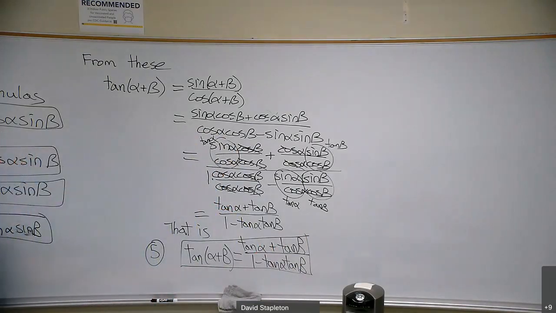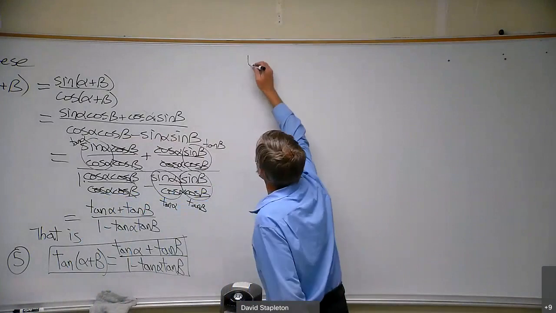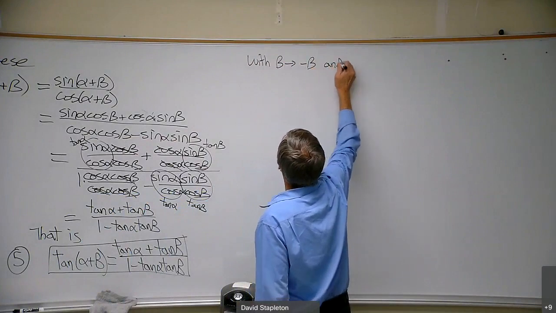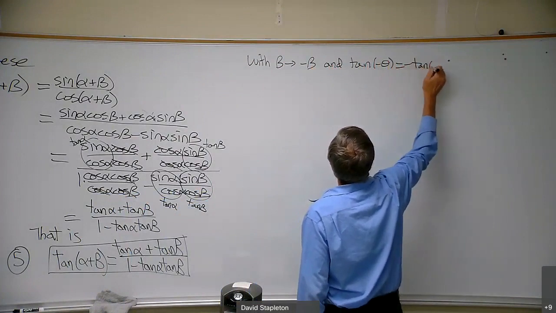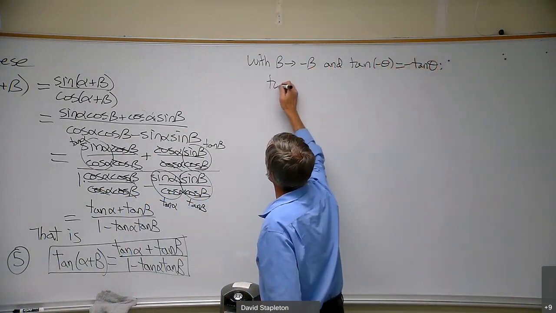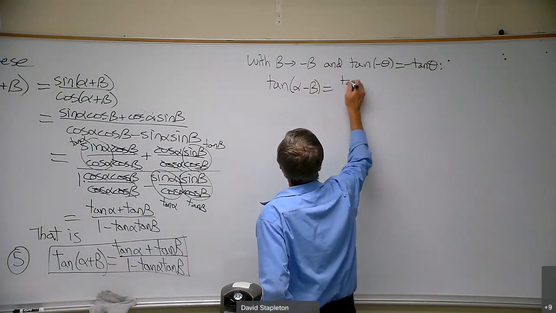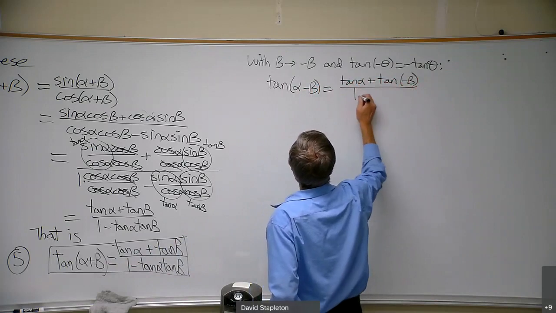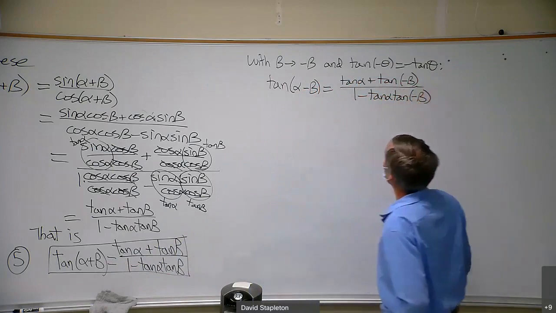And finally, if you replace beta by minus beta in that one and use that tangent is odd, so you can pull the minus out, this one becomes: replace beta by minus beta, you get tangent of alpha minus beta equals tangent alpha plus tangent of minus beta over 1 minus tangent alpha times tangent of minus beta. There it is.